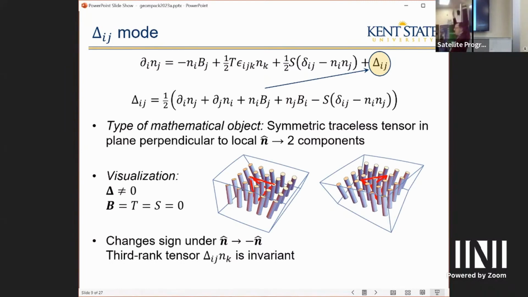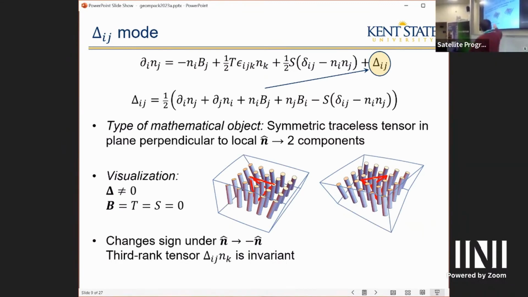Right, it is a mode that sticks out in one direction and in the orthogonal direction. Okay, and so if the average director is along z, say it sticks out in x and in y. Okay, that's not bend or twist or splay, but it's something. It costs energy, so it's there.